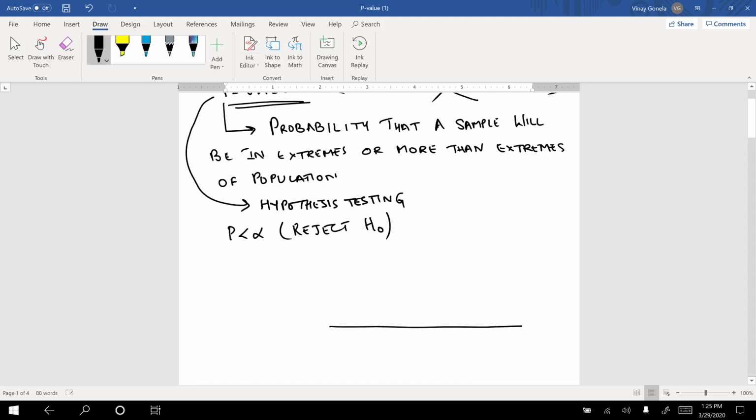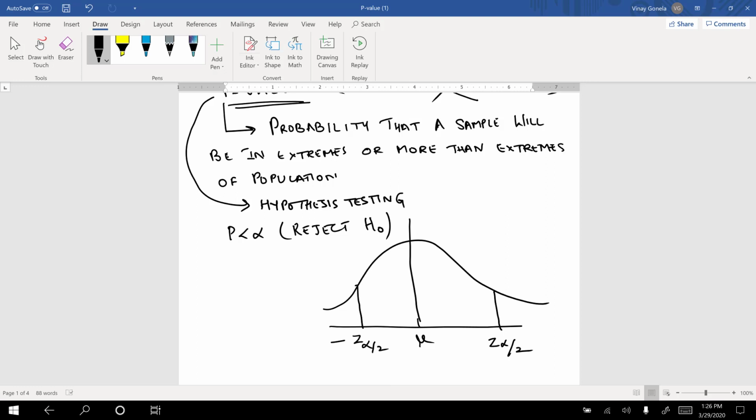Suppose we are doing a z-test, so this will be mean mu, and we do a two-tail z: negative z alpha over 2 and positive z alpha over 2, and this is our alpha over 2 and this is our alpha over 2.